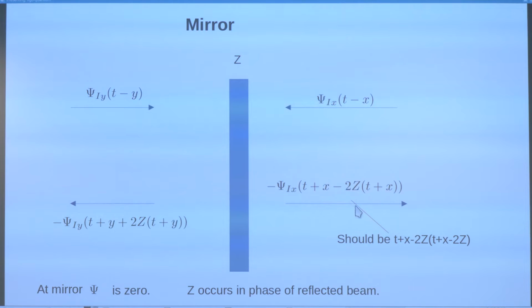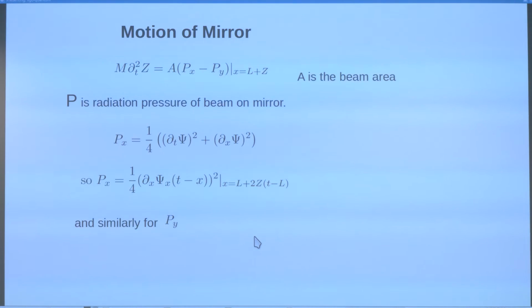Incidentally, this term in here, number 1, is that I have made the assumption that z squared is tiny and I can neglect it. So this is only the lowest order in z here. What about the mirror motion? Well, the mirror is just a free particle, mass times the second time derivative of z.